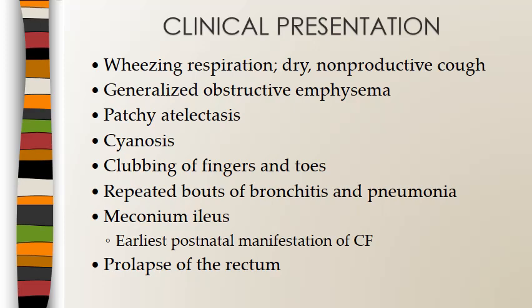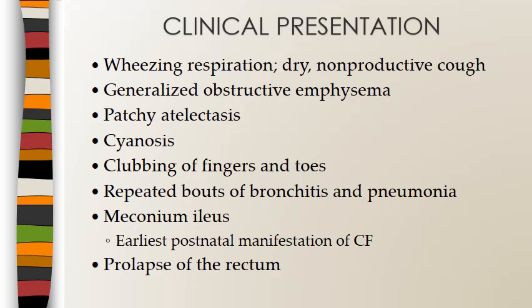because of the thick, tenacious secretions that can plug their airways. They can be cyanotic. They can have clubbing of their fingers and toes. You may see repeated bouts of bronchitis and pneumonia. At birth, as I talked about before, they may have a meconium ileus or a meconium plug, and this is usually the earliest sign that we see of cystic fibrosis.